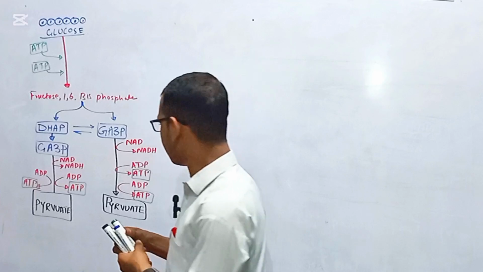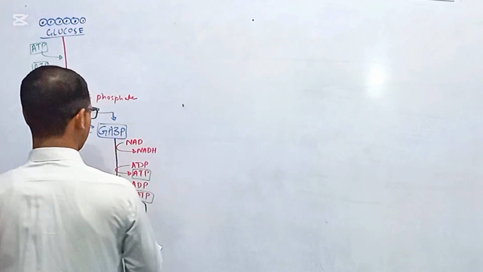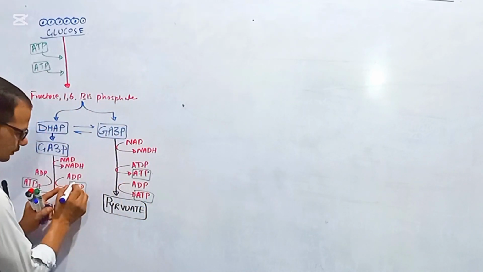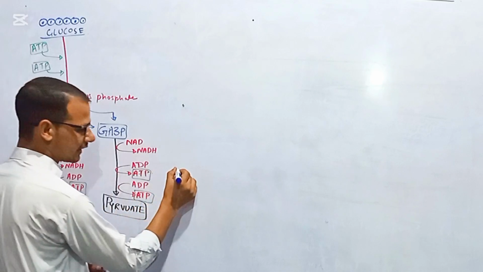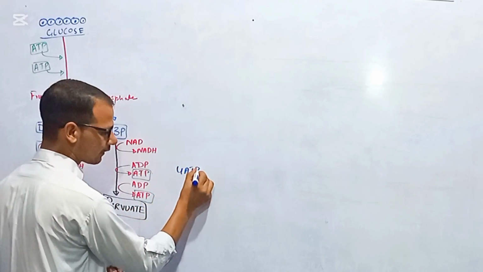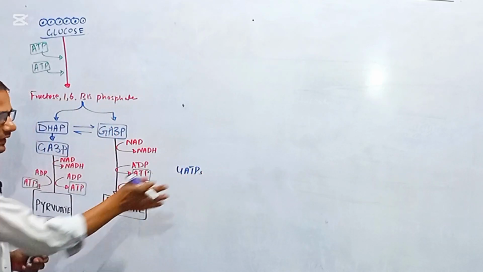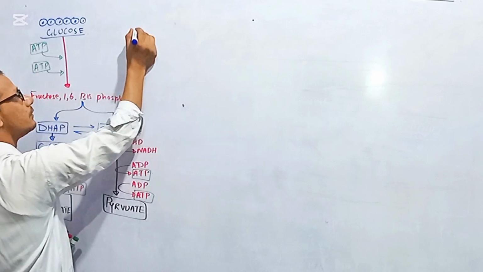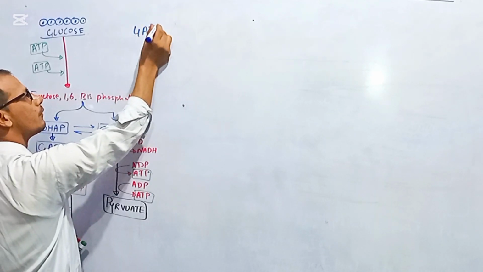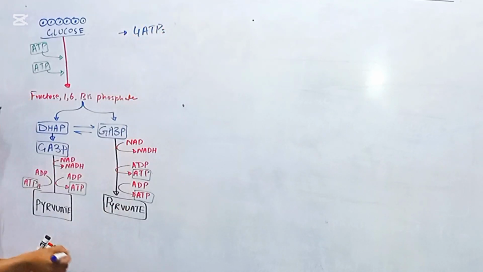So calculate all the ATPs here. 1, 2, 3, 4. 4 ATPs are directly formed, in the energy production phase.